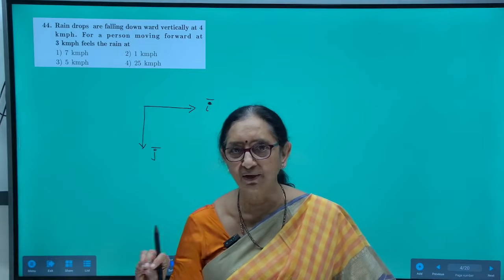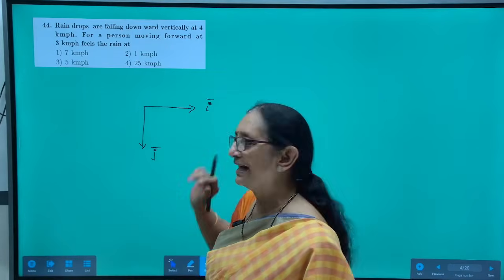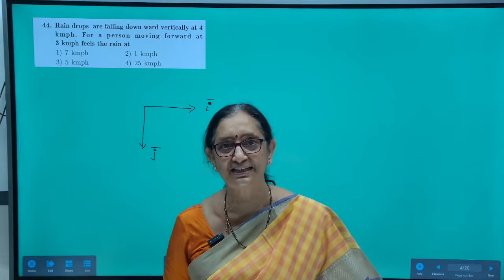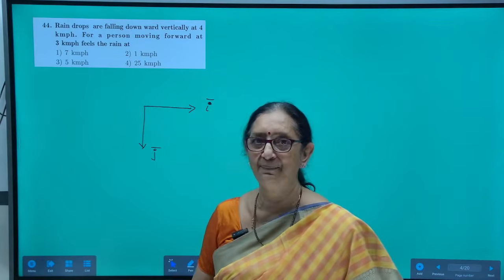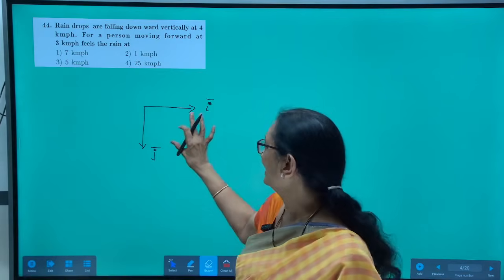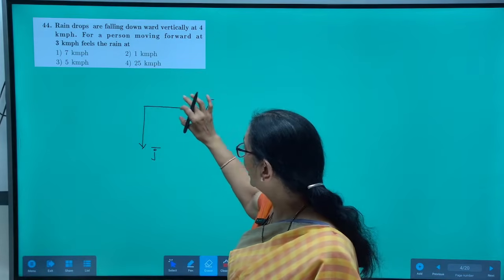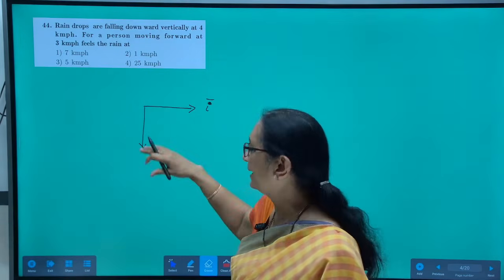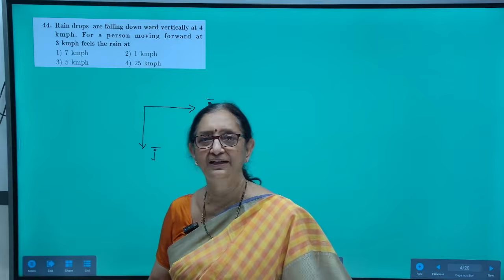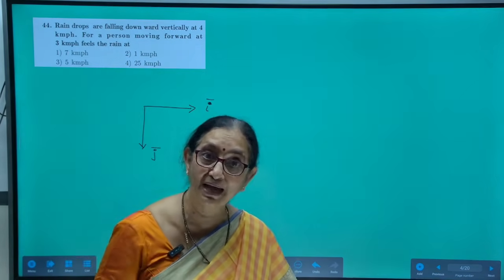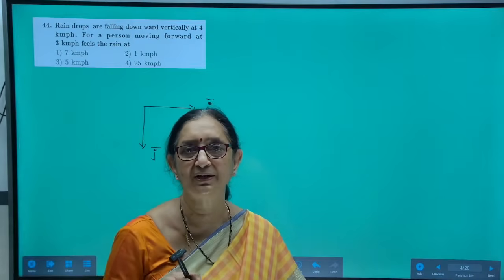So, the horizontal direction is taken as I bar. Suppose the person is moving horizontally eastwards, eastwards is taken as I bar. Suppose he walks horizontally northwards, north is taken as I bar. So, the horizontal direction given in the problem is taken as I bar, and the vertically downward direction is always given as J bar only when we are doing problems based on rain umbrella.